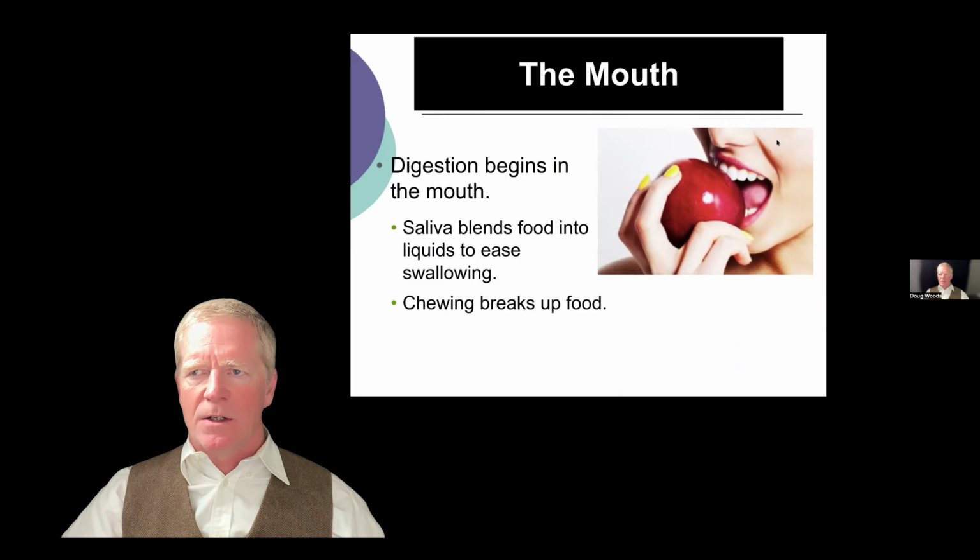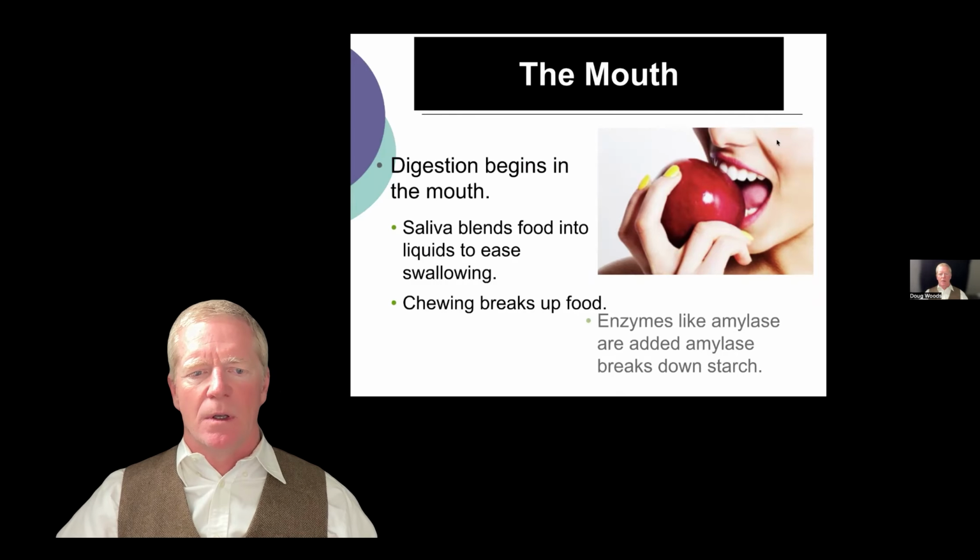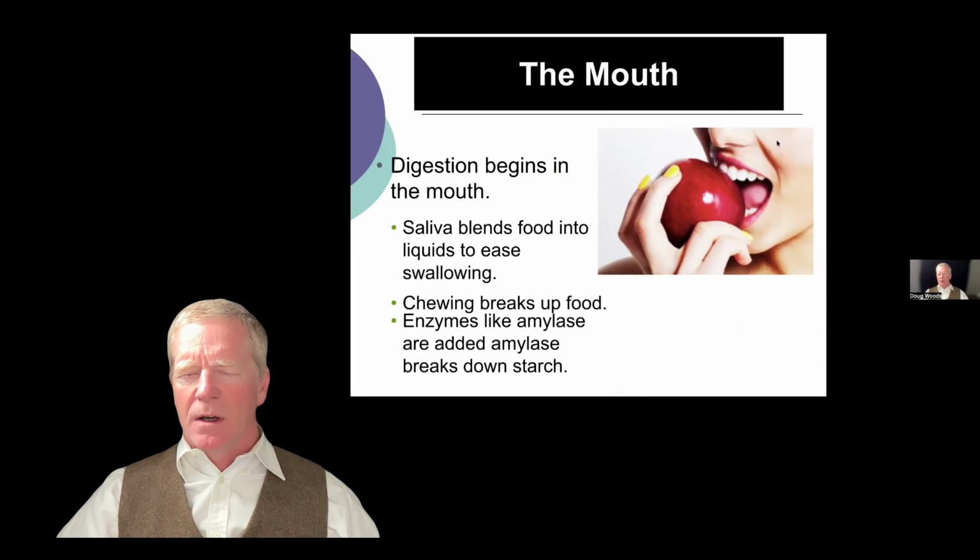Chewing or mastication helps to break up that food. And enzymes, like the enzyme amylase, are added to start the breakdown of macromolecules into molecules that your body can absorb.